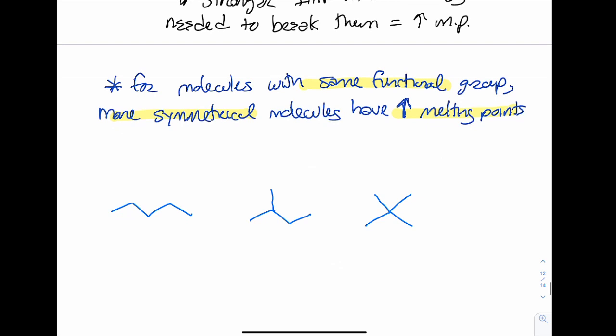And let's actually do our boiling points first. So using our trend, I'm going to expect my first one here, the one with more surface area, to have the higher boiling point. And it is, I'm looking up the numbers here, 36.1 degrees Celsius.